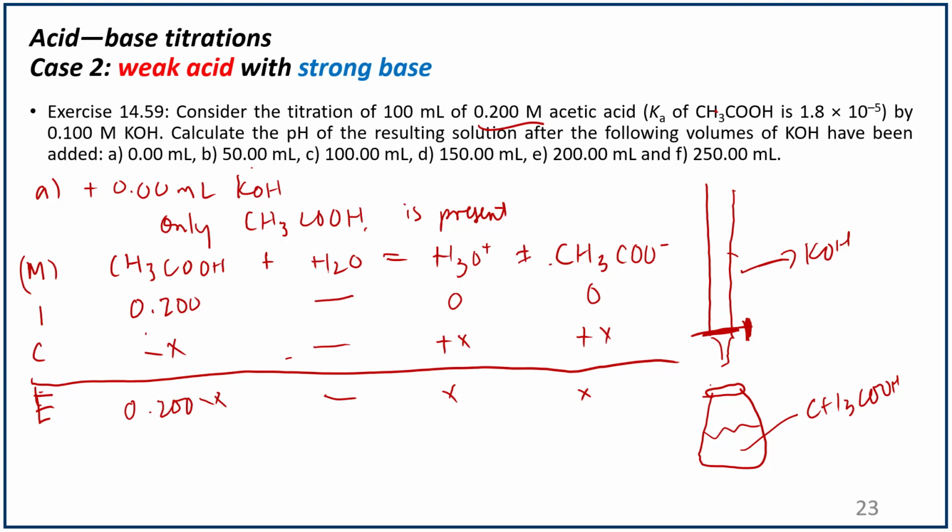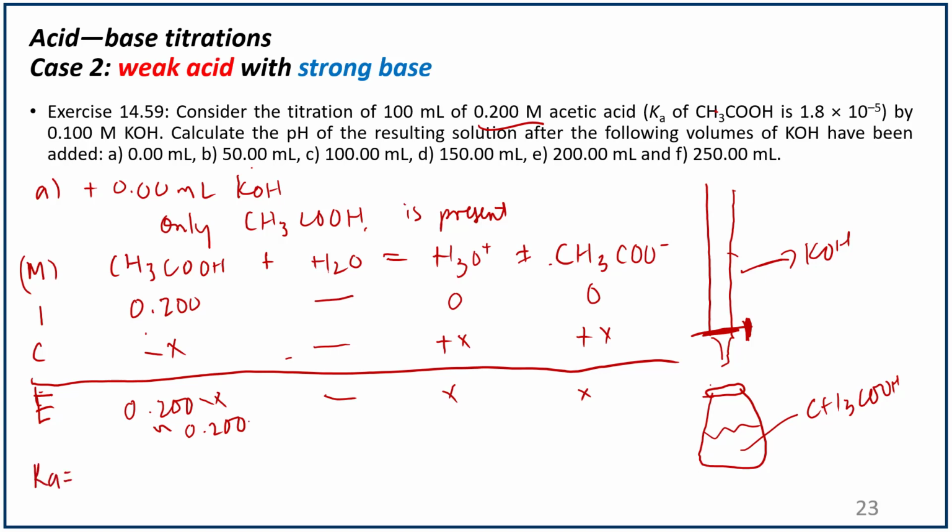Okay, and then after that, let's assume that X is a negligible value. That's why we observe that high pH at the titration curve. But let's see if our assumption works. Let's assume that this is 0.200 molar. So therefore, let's write the Ka expression.